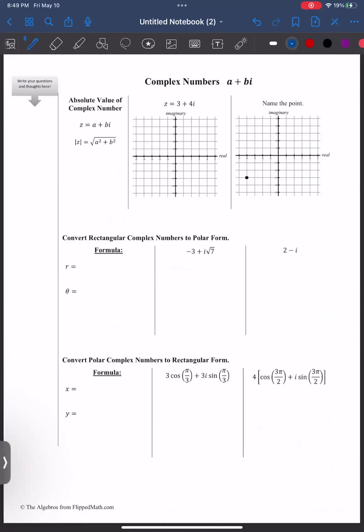I'm going to draw in a triangle, and I'm going to have X, Y. Oh, I'm sorry, I labeled it wrong. That's supposed to be R. R, X, and Y. Notice that this is in the real area.